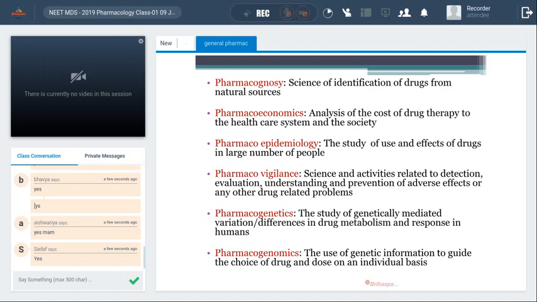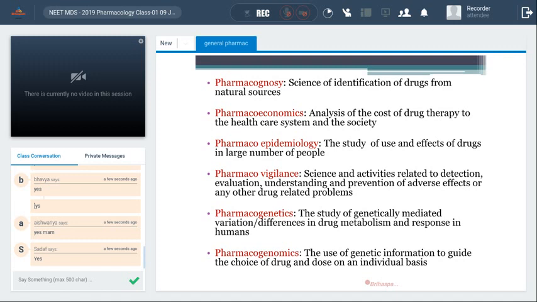So if I have this genetic information, it helps me to choose the drug in that particular individual. I would not administer penicillin or any other drug for that matter in people who have the same genetic issue. So this genetic information guides the choice of drug and also the dose. What is the dose that is causing adverse effects? What is the dose that is safe on an individual basis?